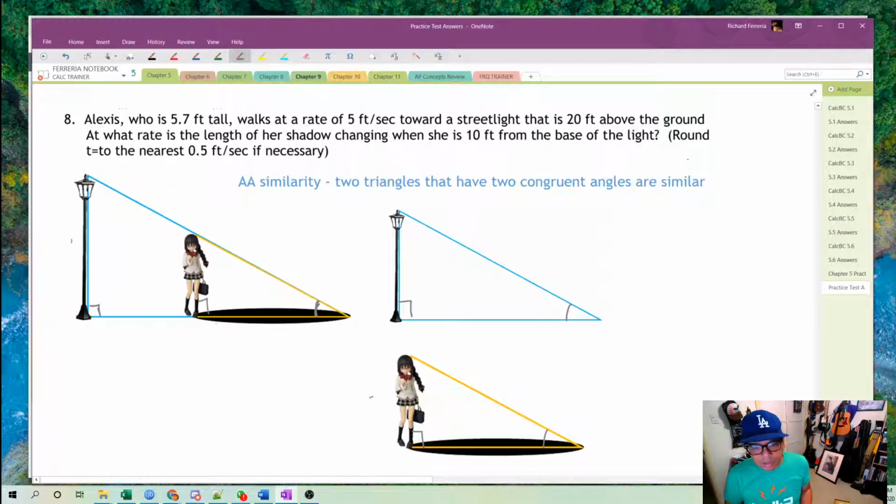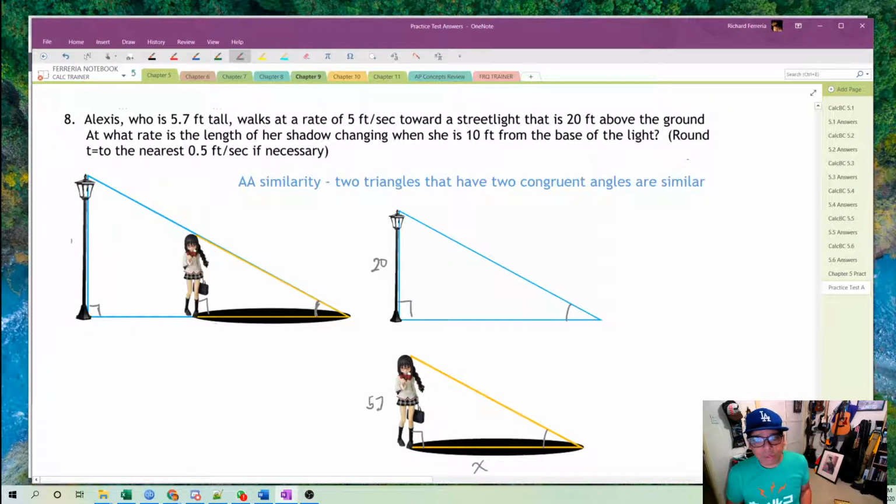Alexis, her height is 5.7 feet. The street lamp is 20 feet. We don't know how long Alexis's shadow is, so we're going to call that x.